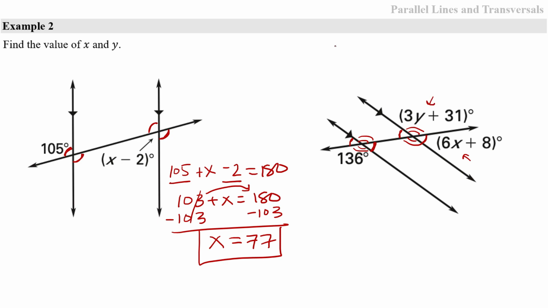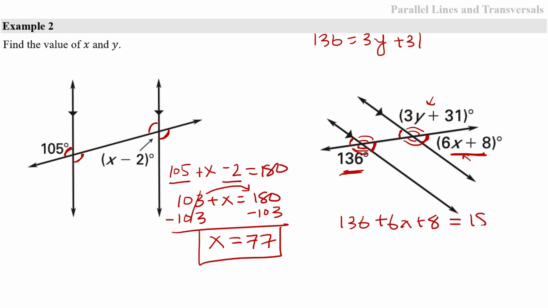So I can say 136 is equal to 3y plus 31. And I can solve that. And then while I'm at it, I'll come back and solve this one right now. But while I'm at it, what do I know about this one and that one? Well, they're not equal because this one has 2 marks, this one has 1 mark, and if they're not equal, they're going to be supplementary, and therefore this one, 136, plus 6x plus 8 is going to equal 180.